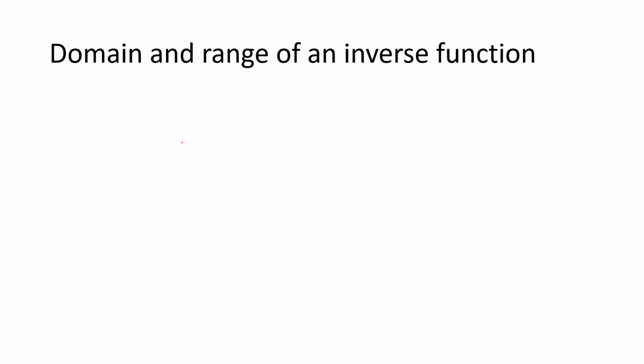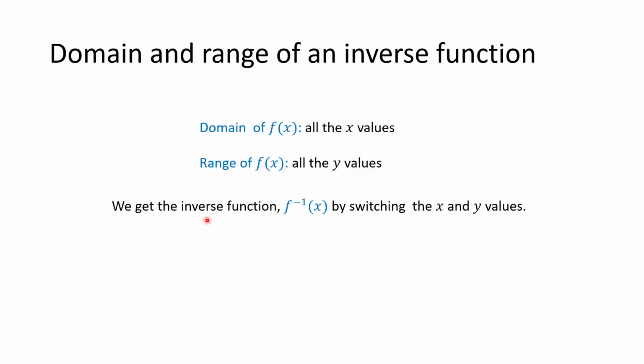Next, the domain and range of an inverse function. You know that the domain of a function is all the x values and the range of a function is all the y values. We get to the inverse function, that is the inverse of this function, which is f inverse x, by switching the x and the y values.